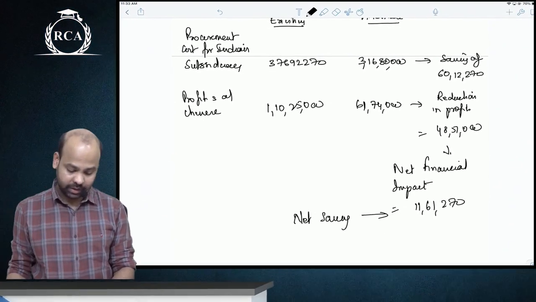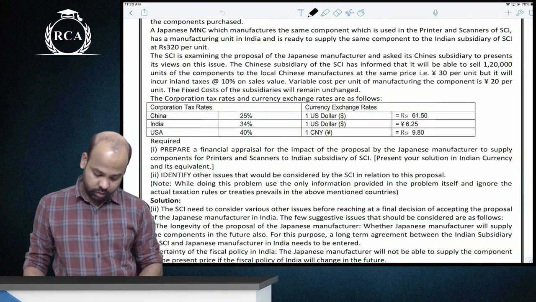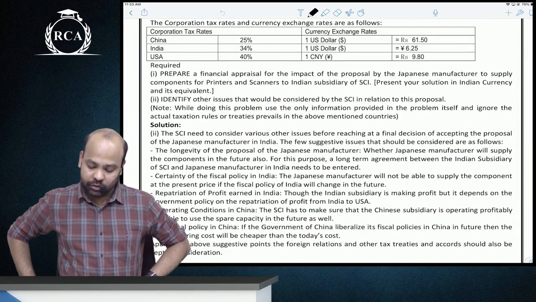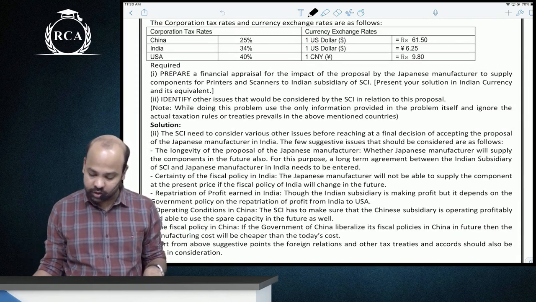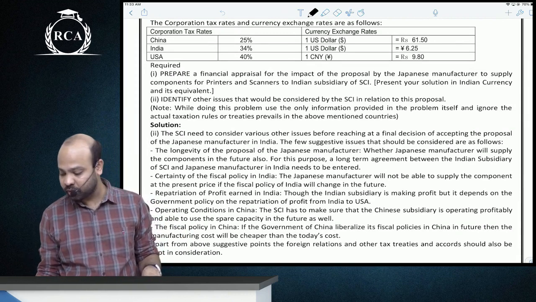Now look at the second bit, guys. Identify other issues that would be considered by SCI, guys, in relation to this proposal. Note while doing this problem, use only the information that is provided.